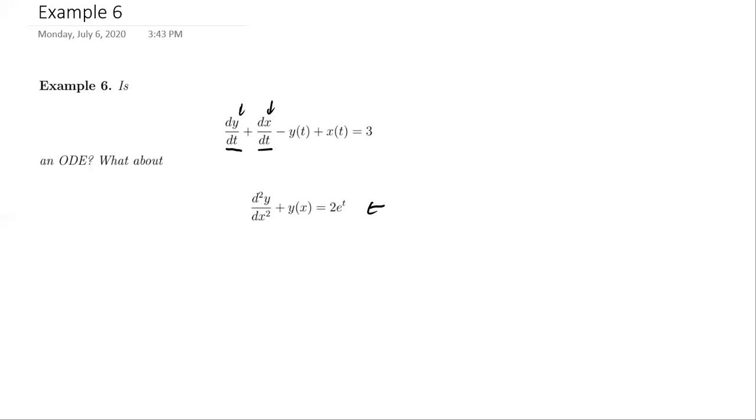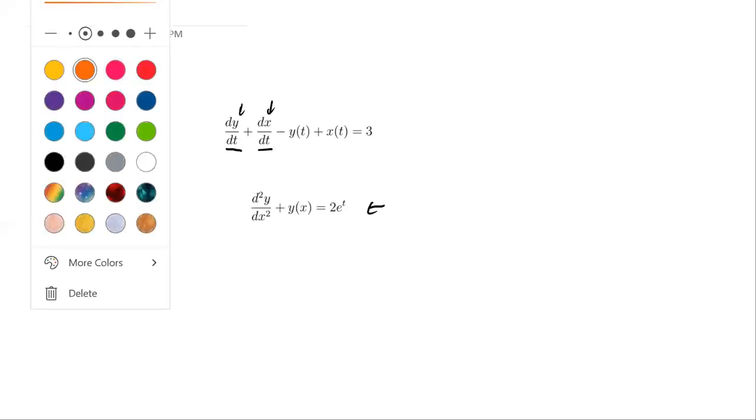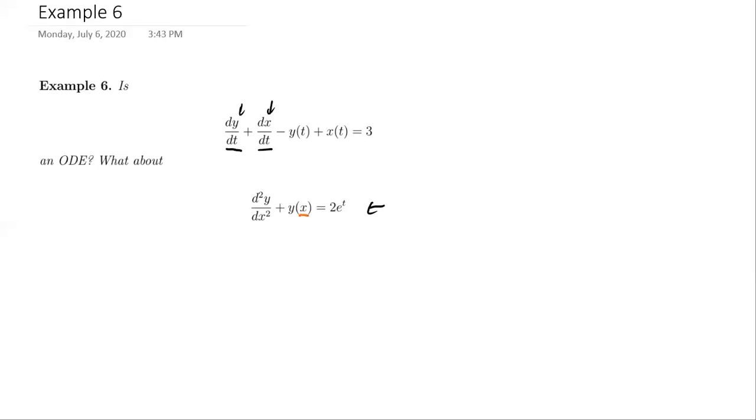Well, it turns out that even though there are two independent variables that show up, namely the x and the t, since we're only taking derivatives with respect to one of the variables, you only see derivatives with respect to x, this is still an ordinary differential equation. Because again, you're only taking derivatives with respect to one variable. So these are both ordinary differential equations, ODEs.